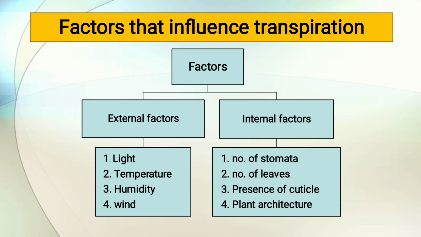One is external factors and the second is internal factors. External factors include light, temperature, humidity, winds, etc. Internal factors include the number of stomata on the leaves, the number of leaves on the plant, the presence of cuticle on the leaves, and plant architecture. These are some factors affecting transpiration. One by one we are discussing these factors.